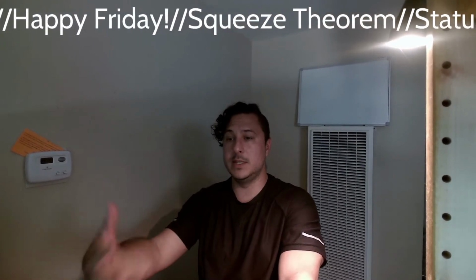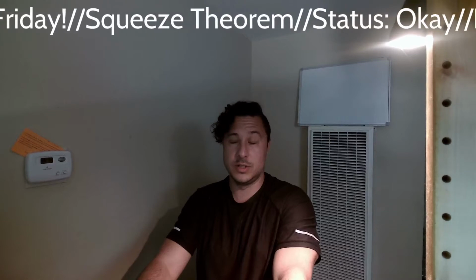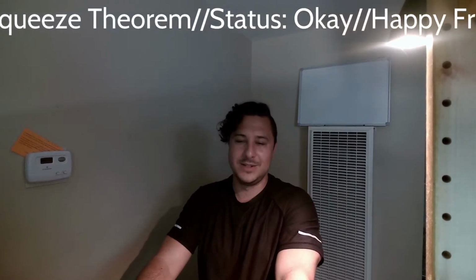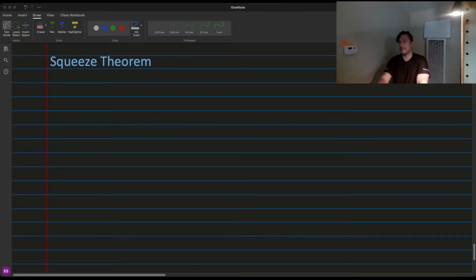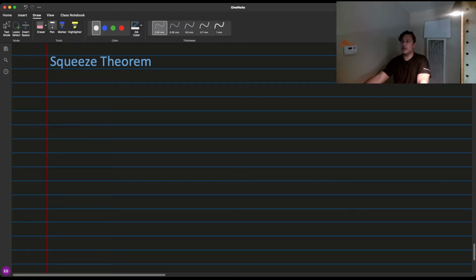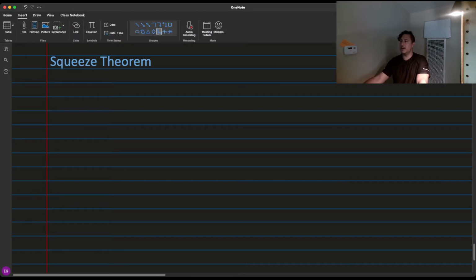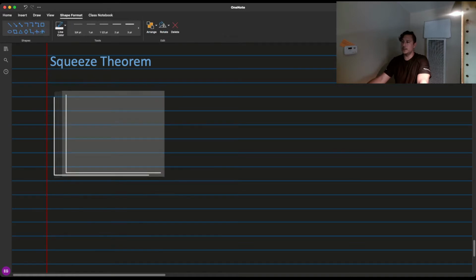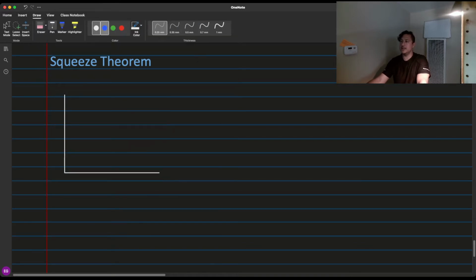There's something called the Squeeze Theorem that we're going to introduce, and let's go to writing mode. Okay, so this is best explained with a picture, so let me insert a graph. Okay, so here's our axes, here's our x and our y axis.